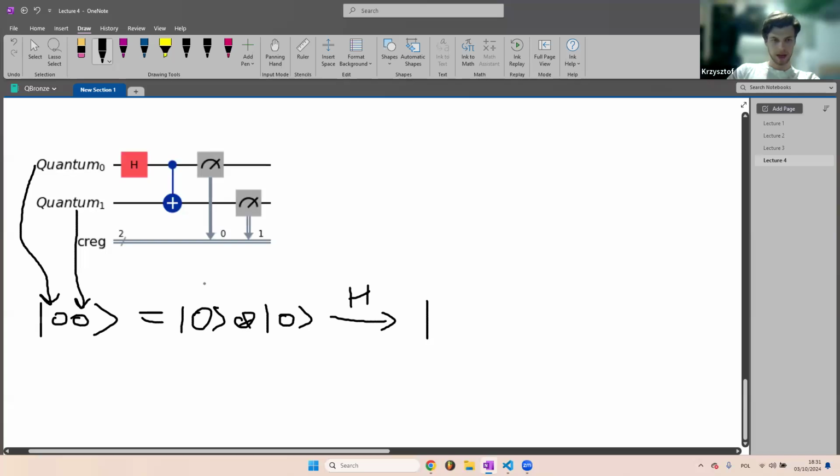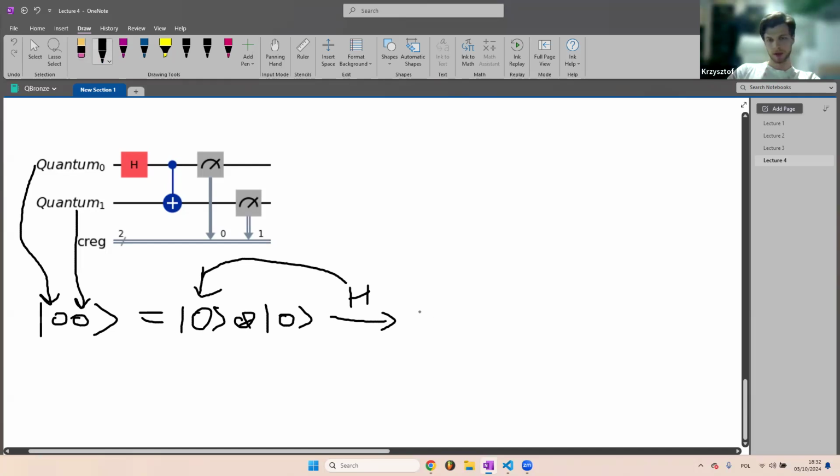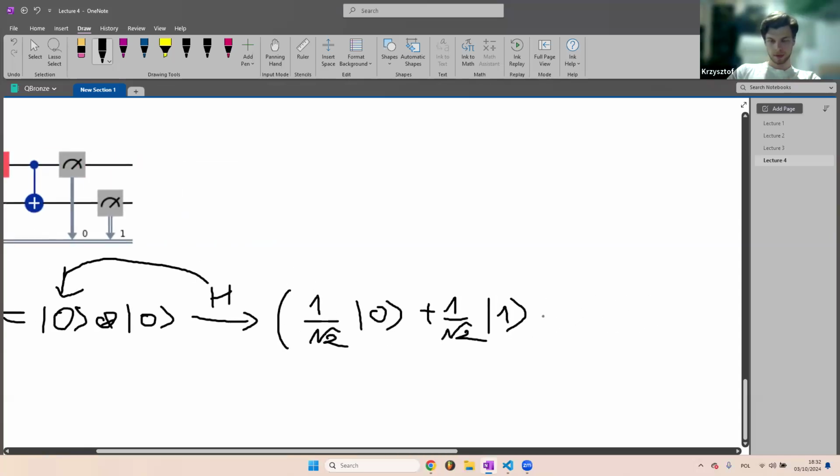Applying a Hadamard gate on the 0th qubit will give us 1 over square root of 2 times 0 plus 1 over square root of 2 times 1.